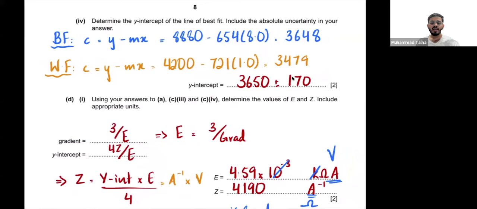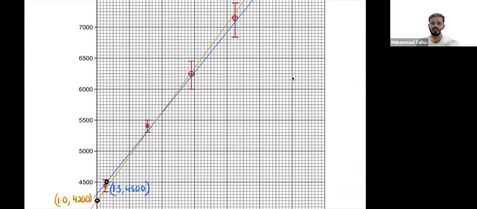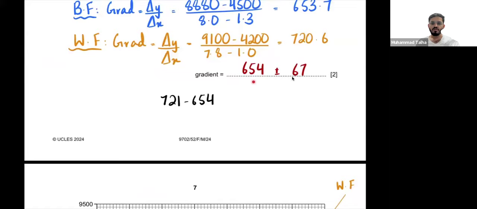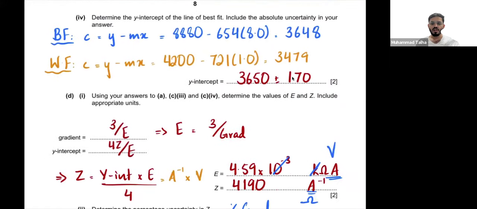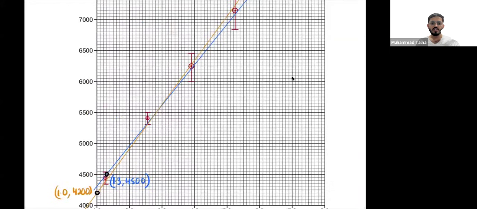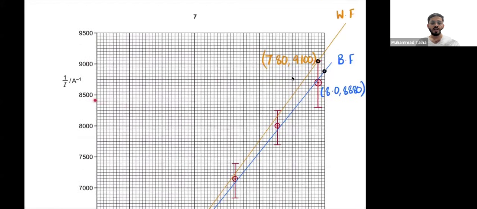Now, if you think about this, because this value here that I had, 654, when you do 3 over that 654, this turns out to be something into 10 to the negative 3. And if you look at the units for the gradient, on the y-axis, we had per amperes.